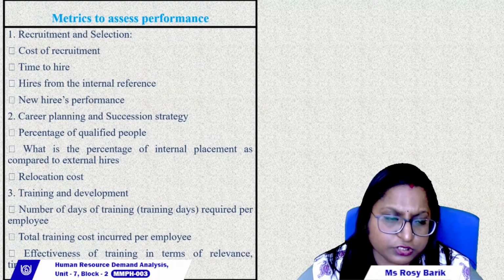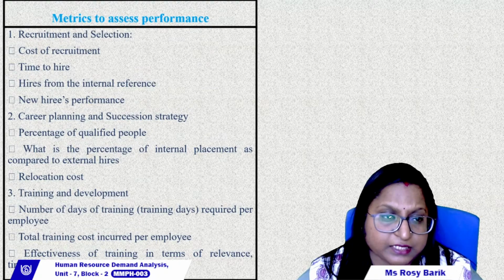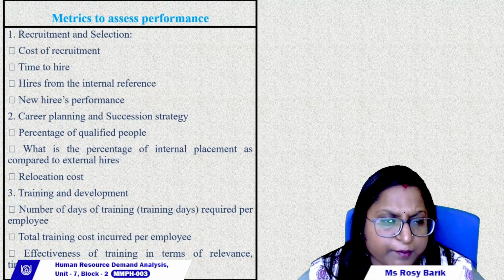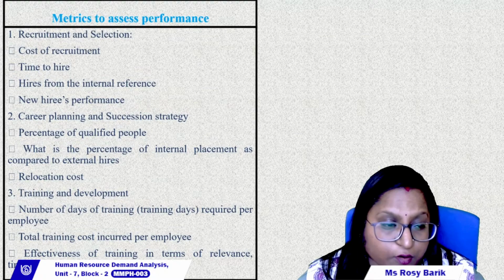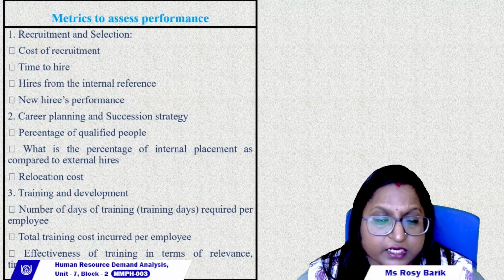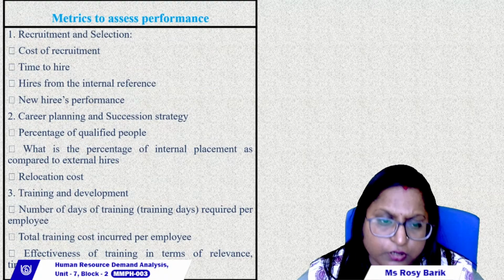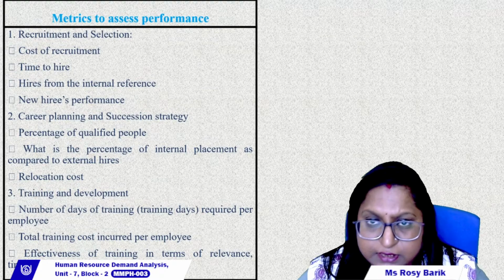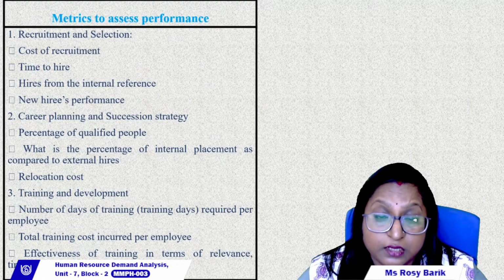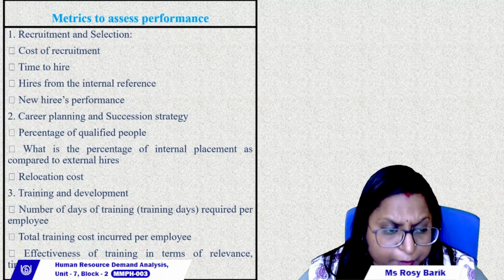And relocation cost, that is, the person visiting a particular area or place a number of times. Training and development: the number of days of training required for the employees based on their skills, abilities, and knowledge. The total training cost incurred for the employee, not only on a monetary basis but also on a non-monetary basis, meaning the number of hours the person spends on training.